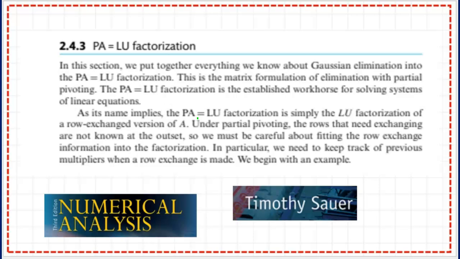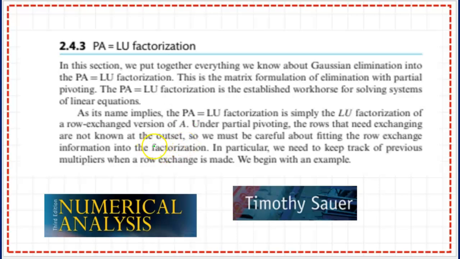So before, we have solved or derived the expression for either 2 by 2 or 3 by 3 by considering that the matrix A equals LU. But due to the situation of matrices where the pivot is 0 or a very small value, the expression becomes PA equals LU.